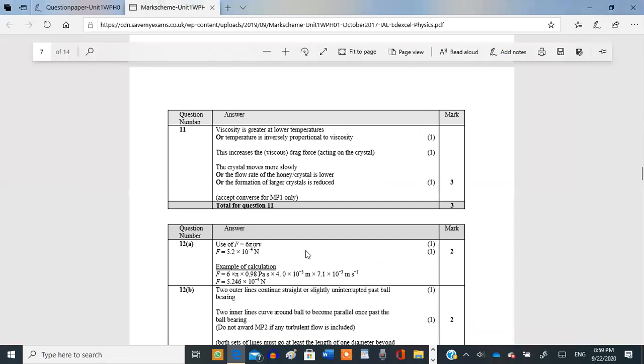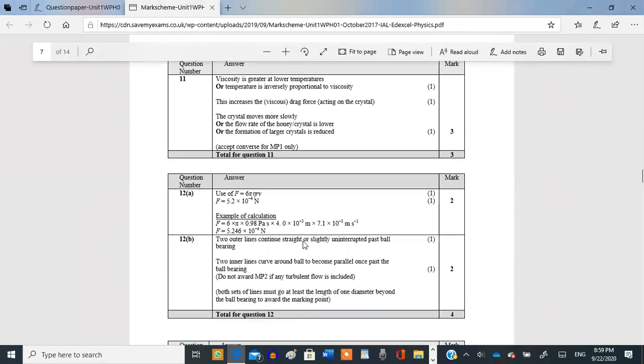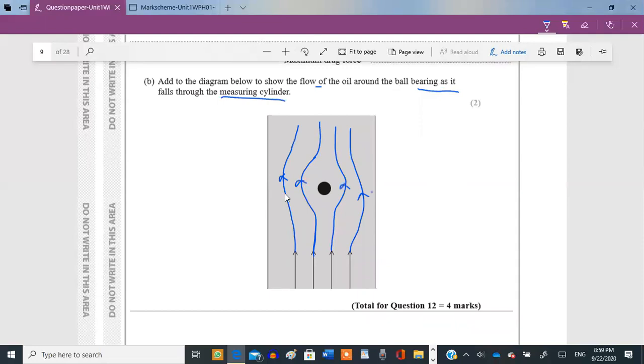Clear? Let's look at it. Two outer lines continue straight or slightly uninterrupted past the bearing. Two inner lines curve around the ball, parallel to one another, and both lines extend at least the length of one diameter beyond the ball to award the marking point. If turbulent flow is included, do not give the mark. This is not turbulent, this is laminar flow. So yeah, we got the marks over here.